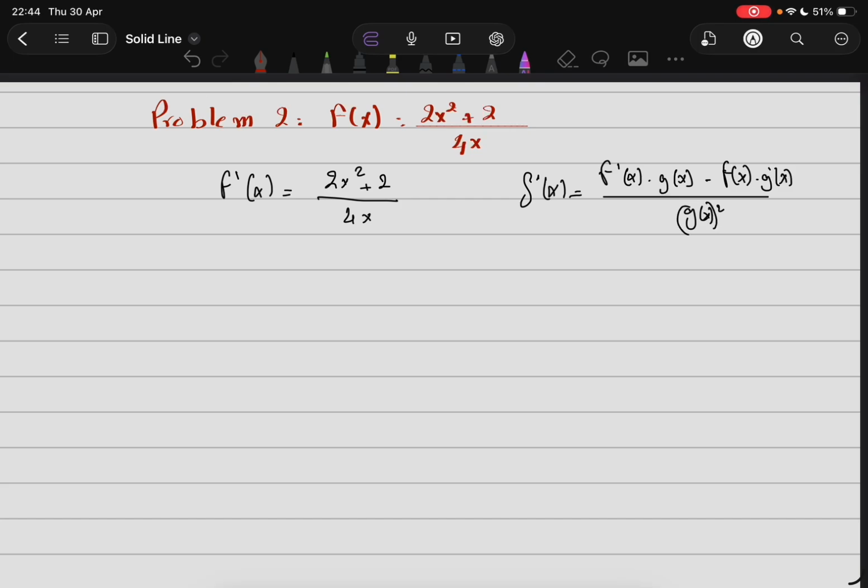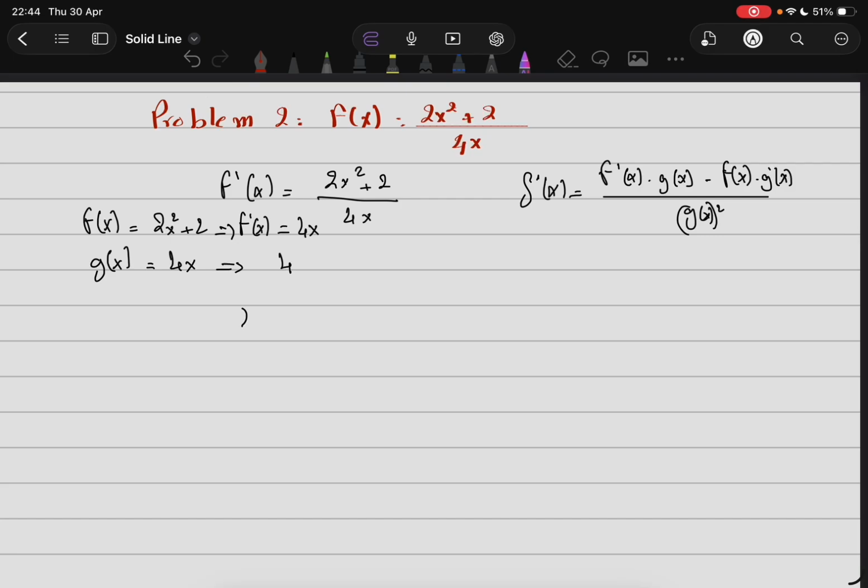So we're gonna just follow the rule. We know that f of x is 2x squared plus 2, and g of x is 4x. The derivative of the first one is gonna be 4x, and the other one is gonna be only 4.